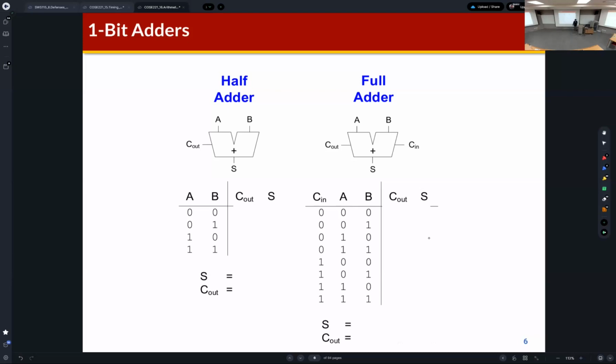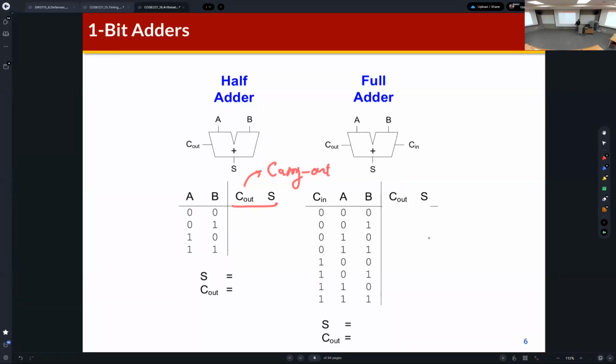This adder will generate two outputs, sum and carry. This carry is called carry out, because it will be delivered to the next digit.